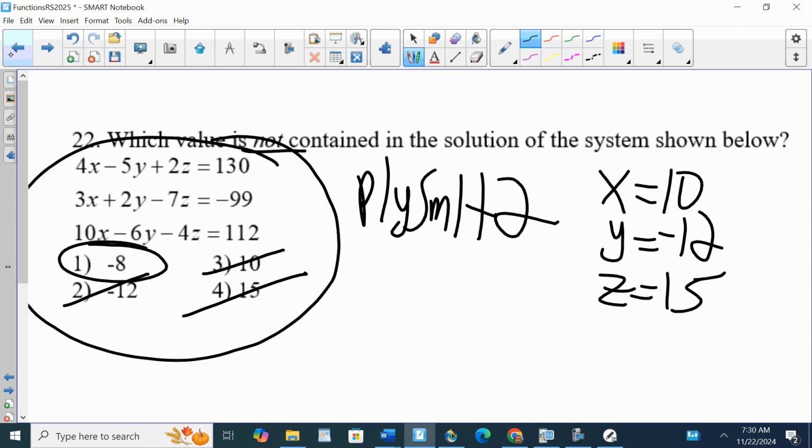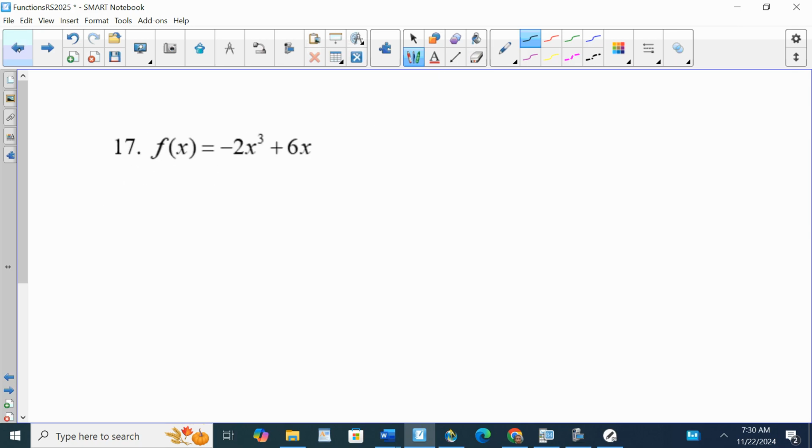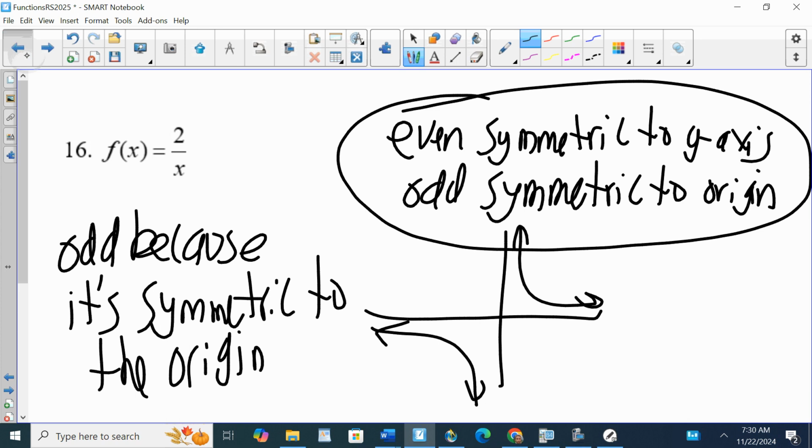So, the 2 review questions, both of them calculator strategies to do your 3x3 system, PlySmlt2 and apps. Whenever you want to know if expressions are equal, type the original in, type each answer and see what matches. Even, symmetric to y-axis. Odd, symmetric to the origin.